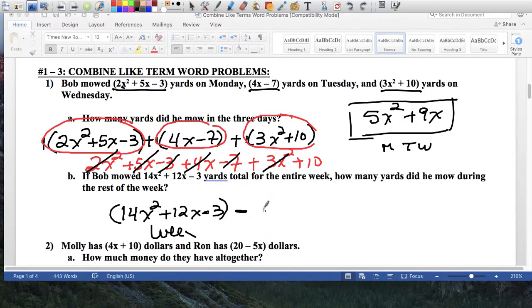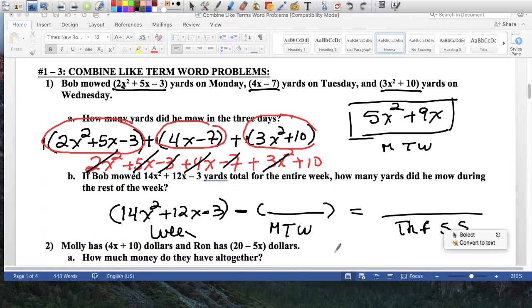And if I subtract what he did on Monday, Tuesday, and Wednesday, won't I get Thursday, Friday, Saturday, and Sunday? Right? So now my Monday, Tuesday, and Wednesday is represented by the expression 5x squared plus 9x. Yeah?